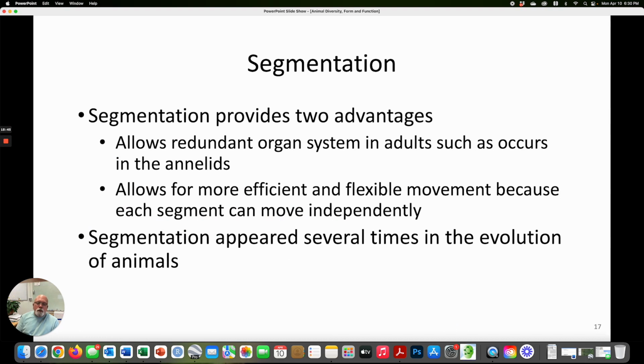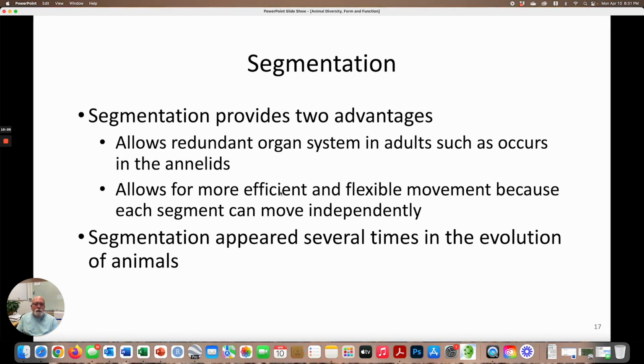Another evolutionary development that happens within the animals is the development of segmentation. Segmentation provides a couple of advantages. It allows redundant organ systems in adults, such as what occurs in annelid worms, and so we'll see that in lab, and we'll also see it in lecture when we get to the annelid worms. It also allows for more efficient and flexible movement because each segment can move independently.